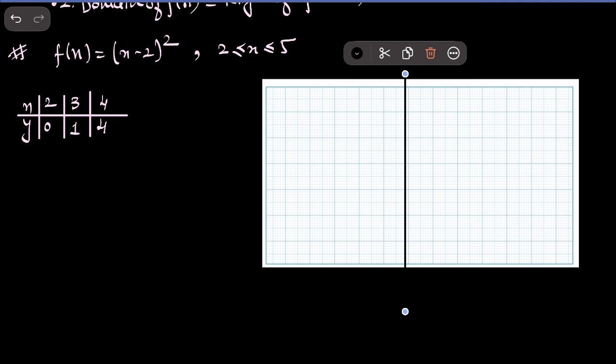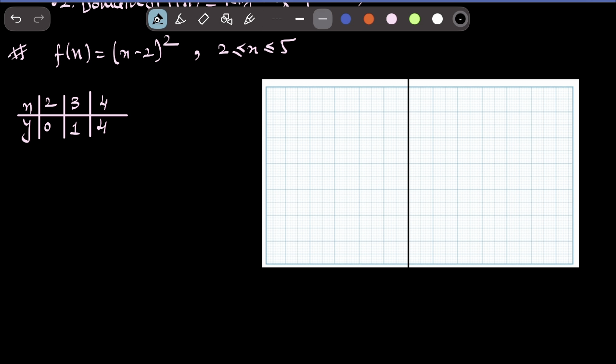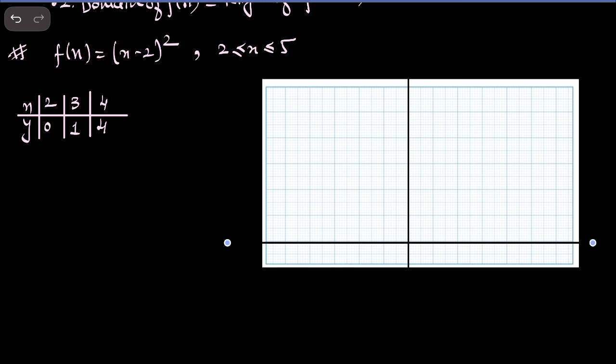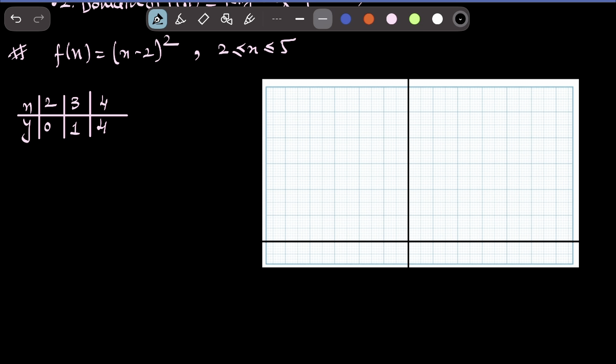So this one is your y-axis and let's say this is your x-axis. Okay, and now mark them. This is your x-axis, this one is your y-axis. Let's mark this as y dash, this is your x dash, this is your origin 0 0. Now I am having a few points, so this is going to be 2 0.